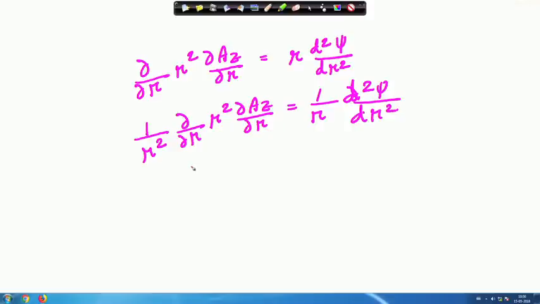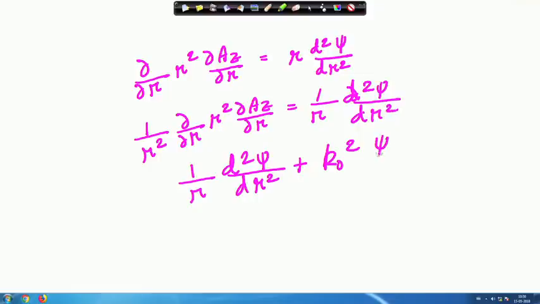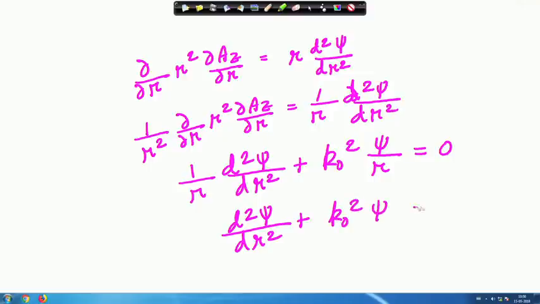Now, let us put it. So, we can say that 1 by r d2 phi dr2 plus, or we can write it as d2 phi dr2 plus k naught square phi is equal to 0.